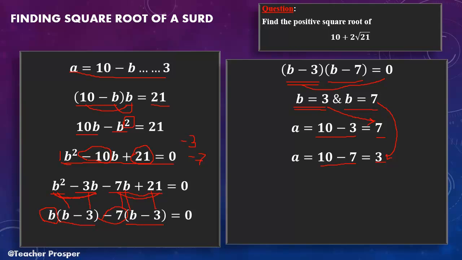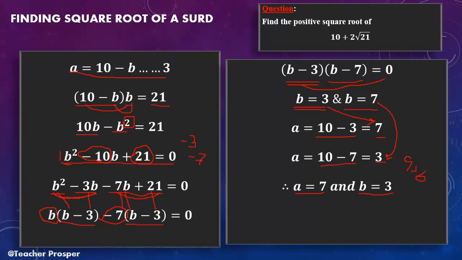Now, initially, we said that we are going to assume that a is greater than b. If that assumption still holds, then a will be the 7, which is the greater value, and b will be the 3, which is the smaller value.